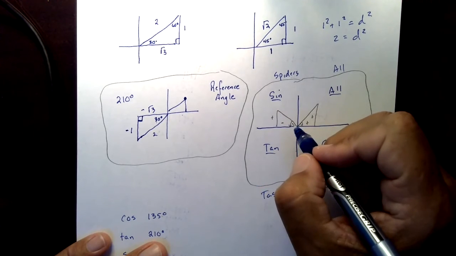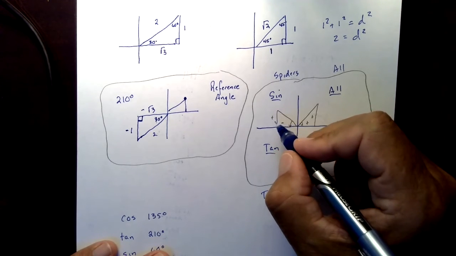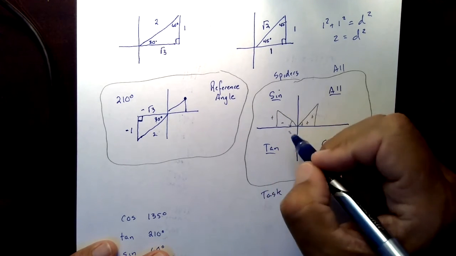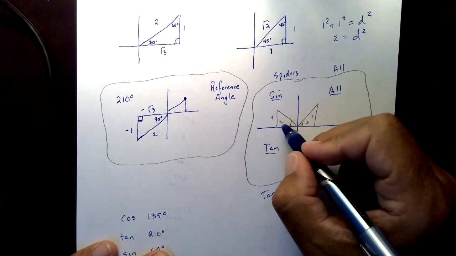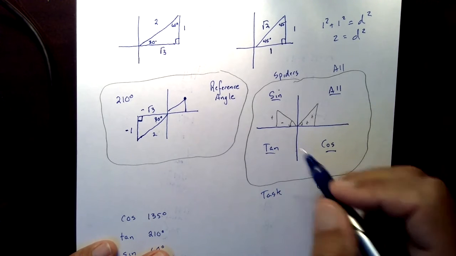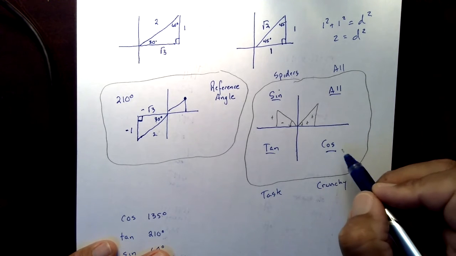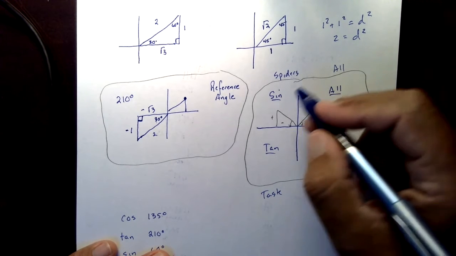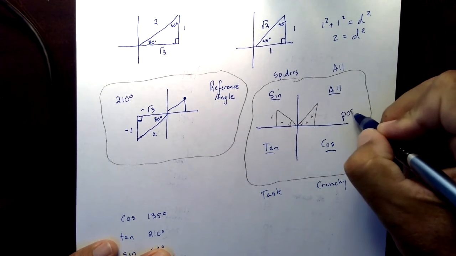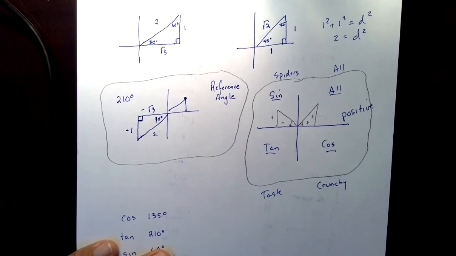So when I go to find the sine, it's opposite over hypotenuse, and it's going to give me a positive value. The cosine and the tangent would both be negative. If I came down in the third quadrant, only the tangent is positive. And if I came over to the fourth quadrant, only the cosine is positive.